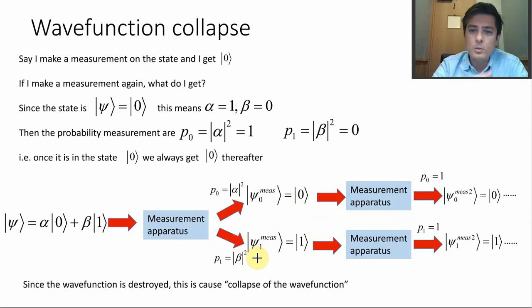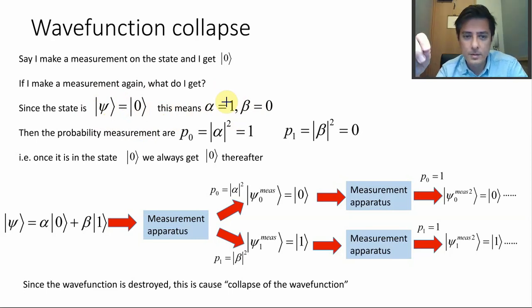Say I make my measurement again, and I'm in this state 0. Remember these alpha and beta are the coefficients of the states. So by definition, this is like 1, this is 0. Just matching up the coefficients of my arbitrary state here.